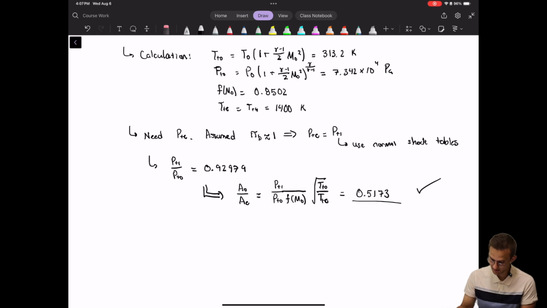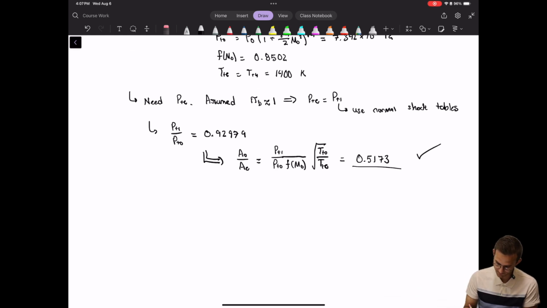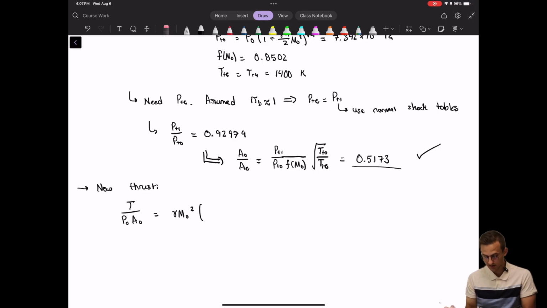Now let's calculate the non-dimensionalized thrust. Now thrust. The thrust equation in this case is P naught T over P naught A naught is equal to gamma M naught squared, and this is the general non-dimensionalized thrust formula when you have a very low fuel mass fraction, or lowercase f.